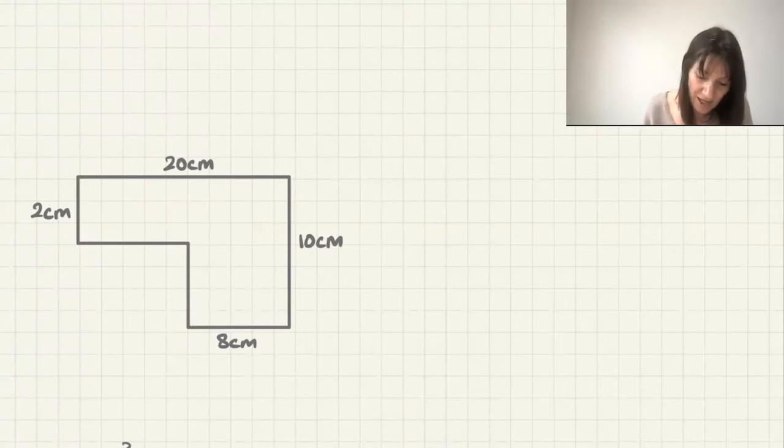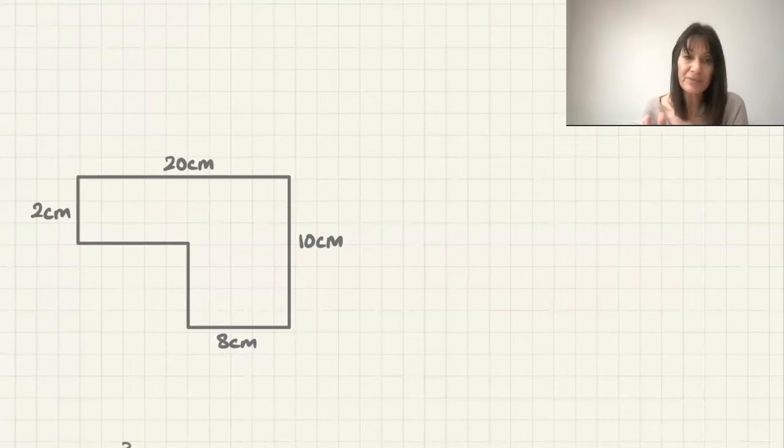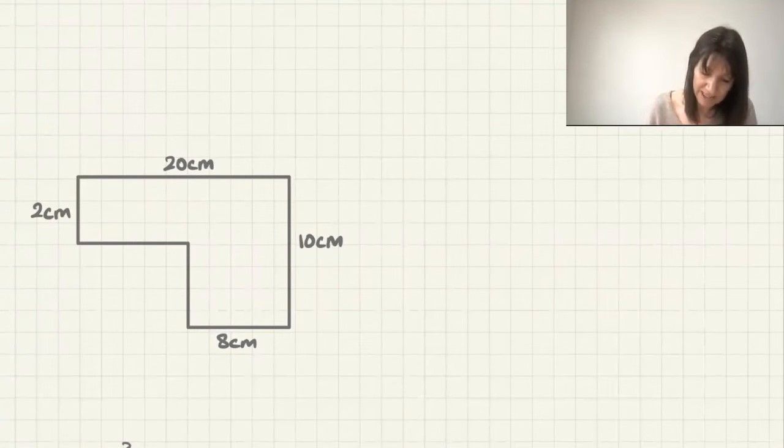Something that I did want to point out, when we did the area on the last question, it was easy because I'd already found all the missing edges when I was trying to find the perimeter. But if this was a question that was just asking for area only, if I was to do a split here, then this would be one of my rectangles.